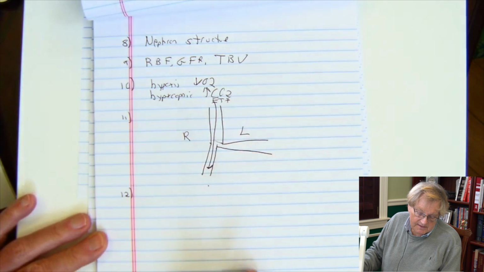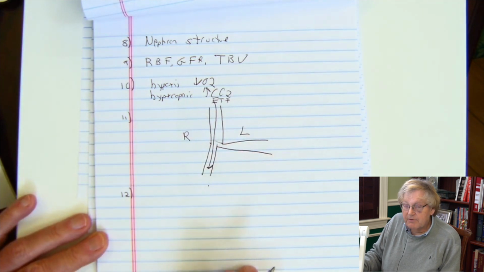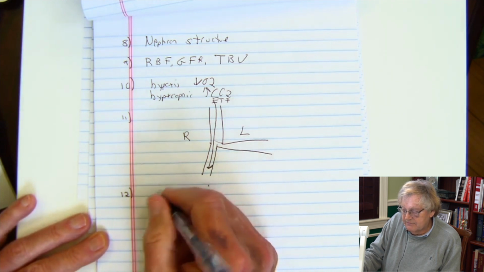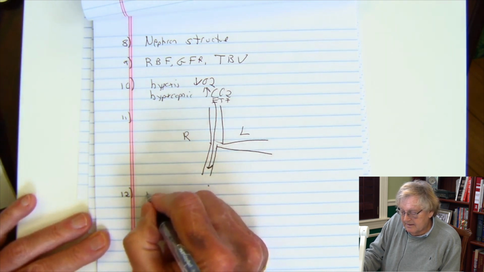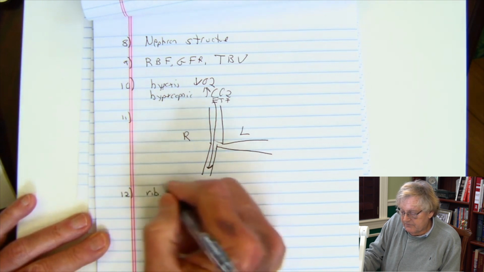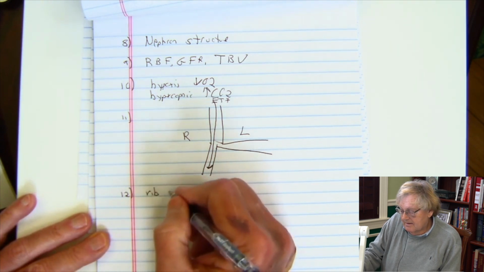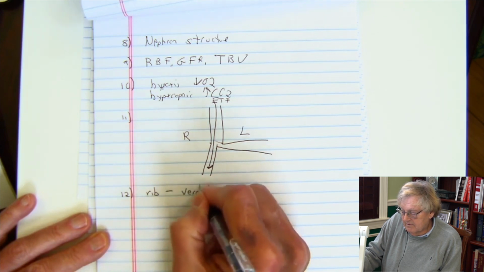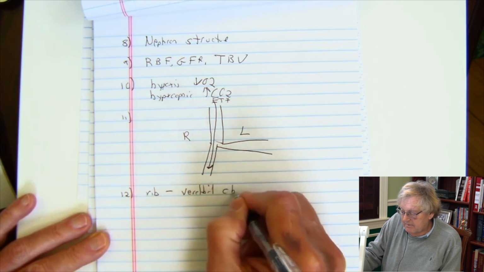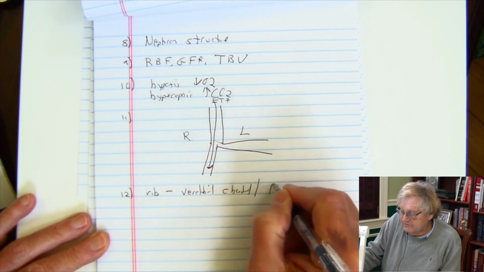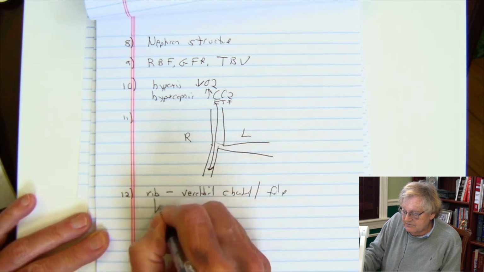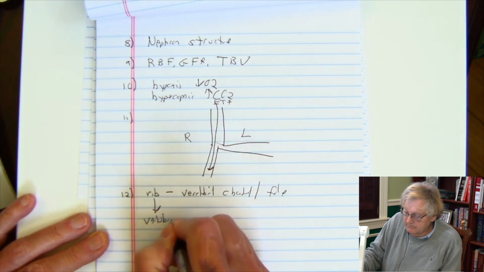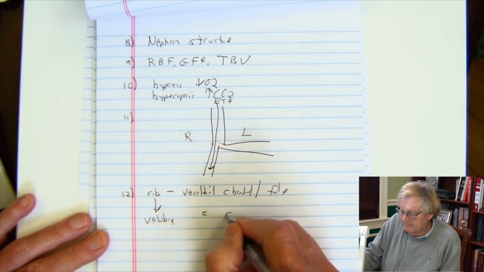Number 12, the significance of the costal vertebral angle. Remember, that's going back really to 168, but the costal vertebral angle is where my last rib, actually my vertebrochondral rib, or my false rib, connects to my vertebrae.